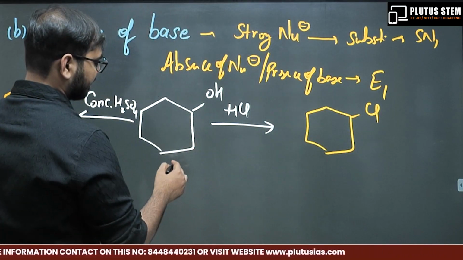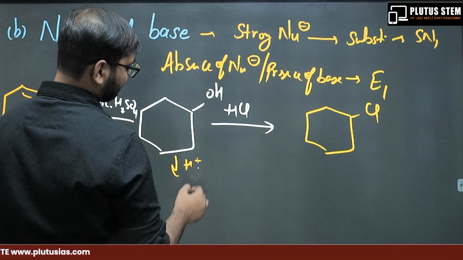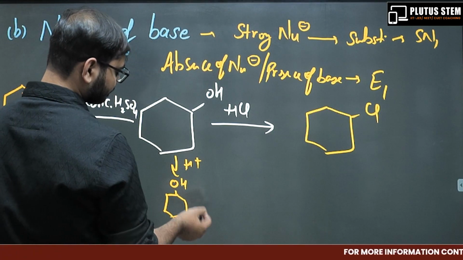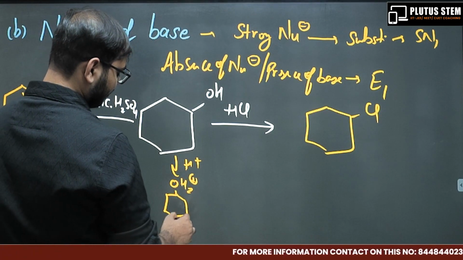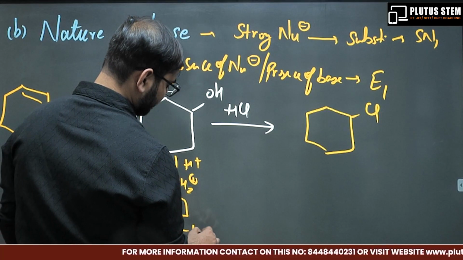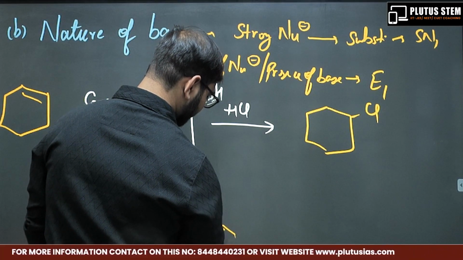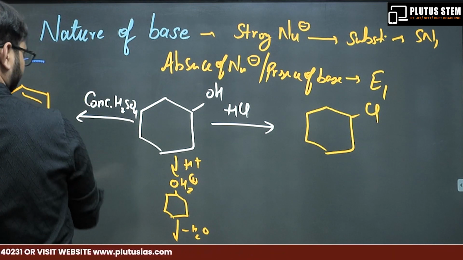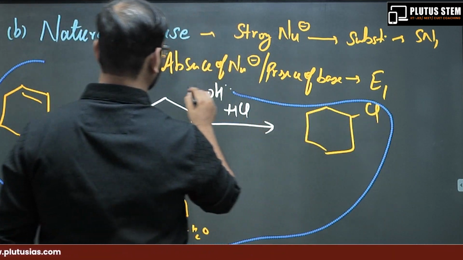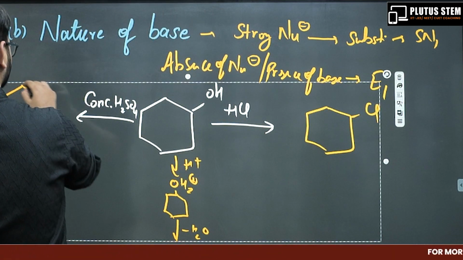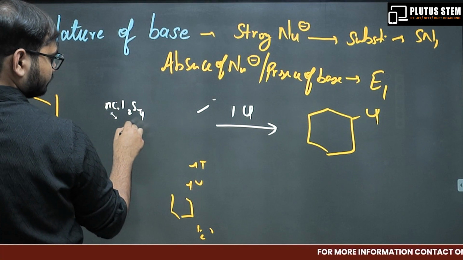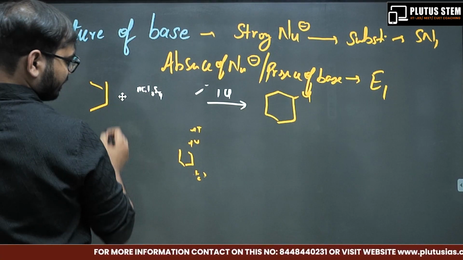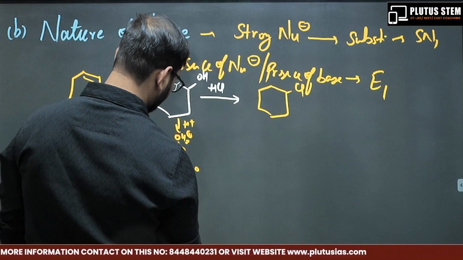Now, in both cases, a proton is provided, which leads to protonation of cyclohexanol, giving a positive charge, which undergoes dehydration with loss of H2O.